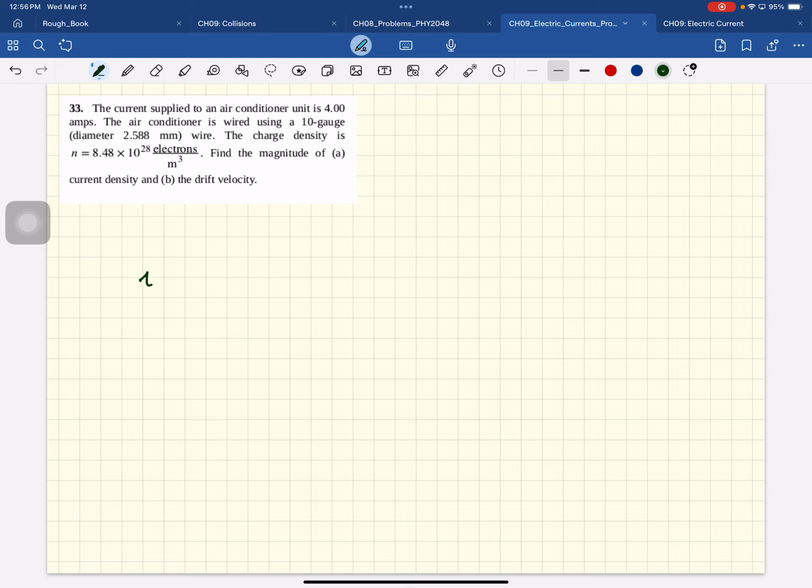So the current is N Q, the charge, times drift velocity times area, and the current density is I over area, which is N e times drift velocity.